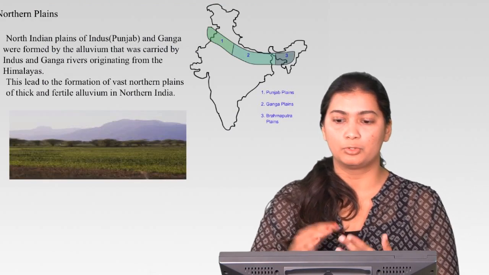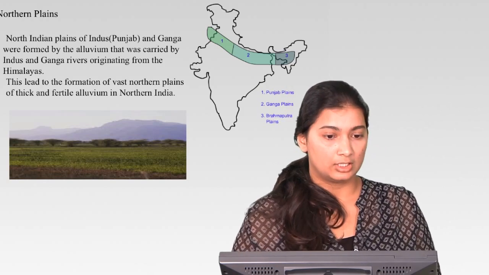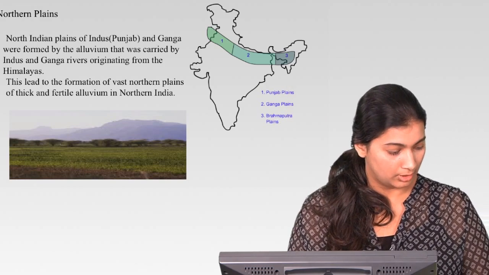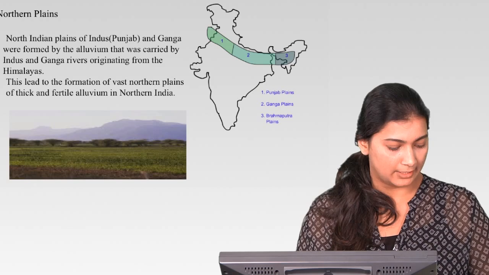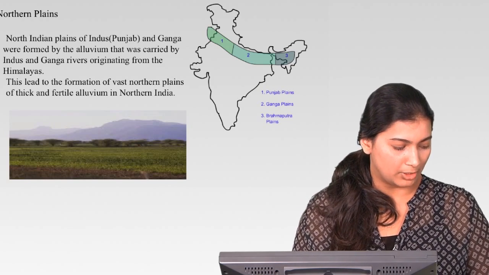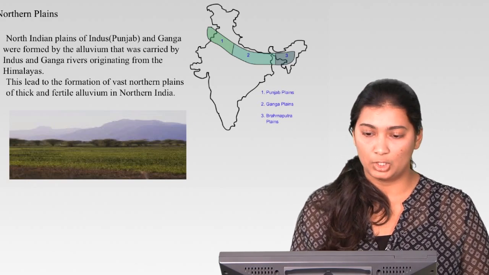As you go a bit towards the south from there, there are the northern plains. The North Indian plains of the Indus and Ganga were formed by the alluvium carried by the rivers originally from the Himalayas. This has led to the formation of vast northern plains of thick fertile alluvium in North India.